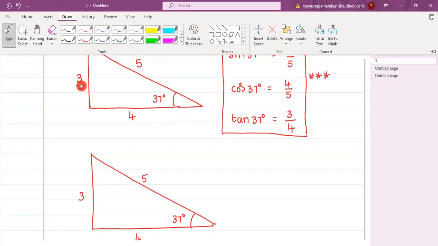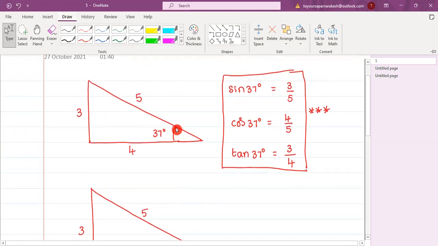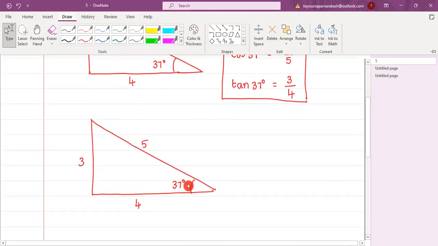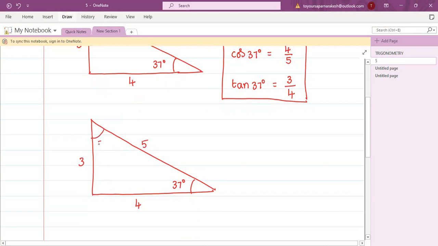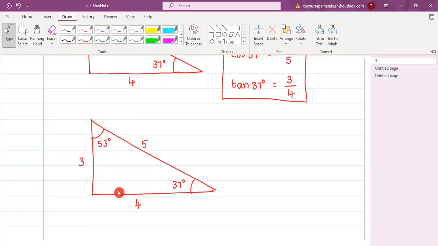Now this angle over here is equal to 53 degrees. If this is 37 degrees, and we know the third angle is 90 degrees, then the remaining angle becomes equal to 53 degrees.